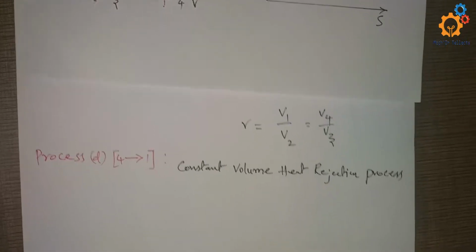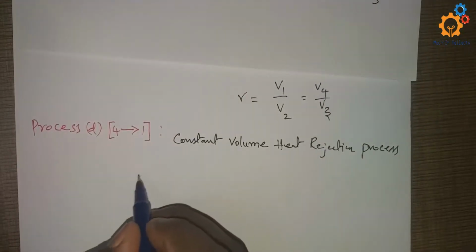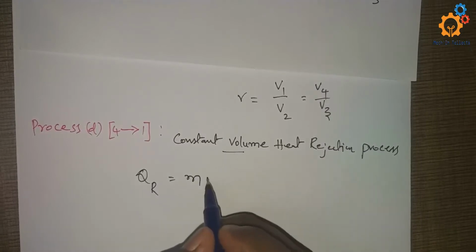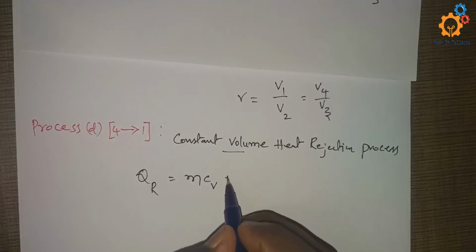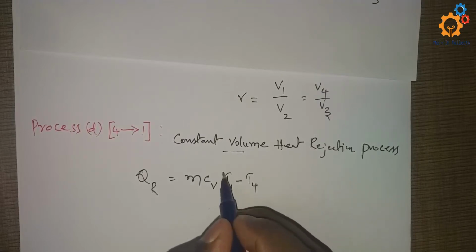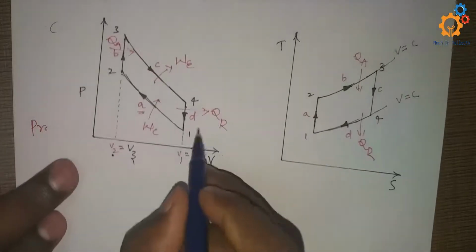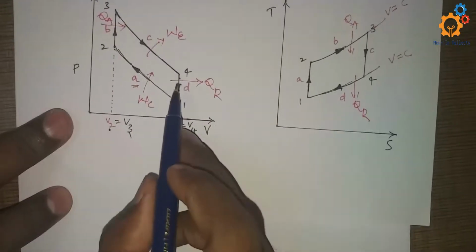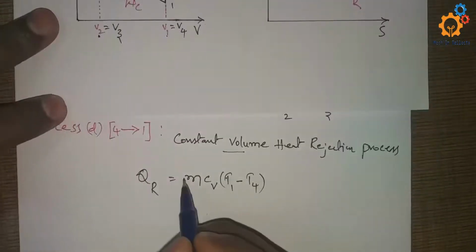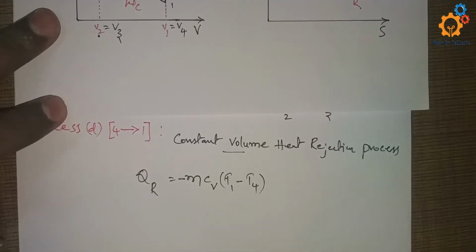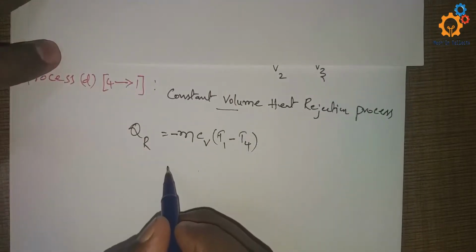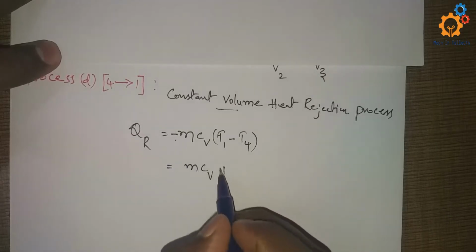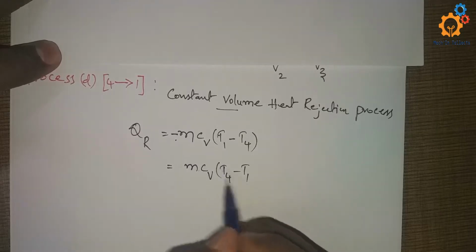Okay, in constant volume heat rejection process QR can be written as, it is constant volume, so m Cv (T1 minus T4). Okay, final temperature minus initial temperature, because it is heat rejection, that is heat is removing from the system, we will take this as negative. Okay, and now this will be taken as m Cv, I am removing the minus as taking T4 minus T1.